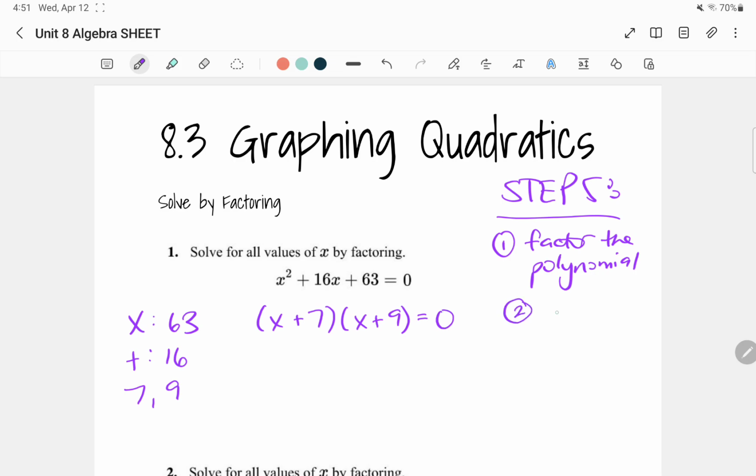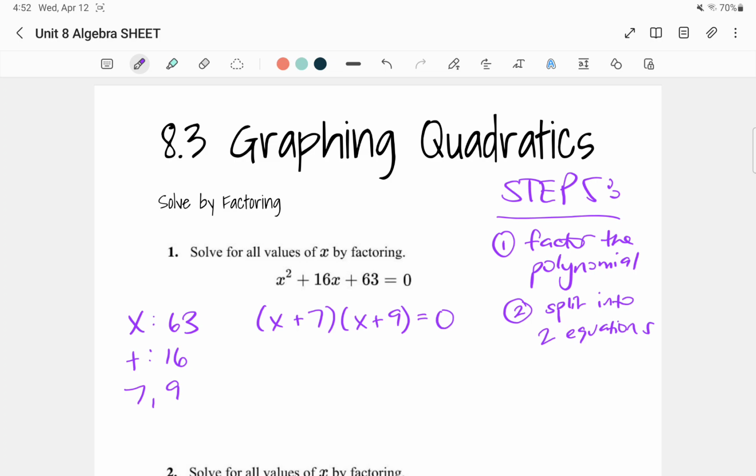And now step 2 is I'm going to split this into two different equations. The reason being is anything times 0 is going to be 0. So if I were to divide both sides by x plus 7, I would still have x plus 9 equals 0, and that would make my equation true.